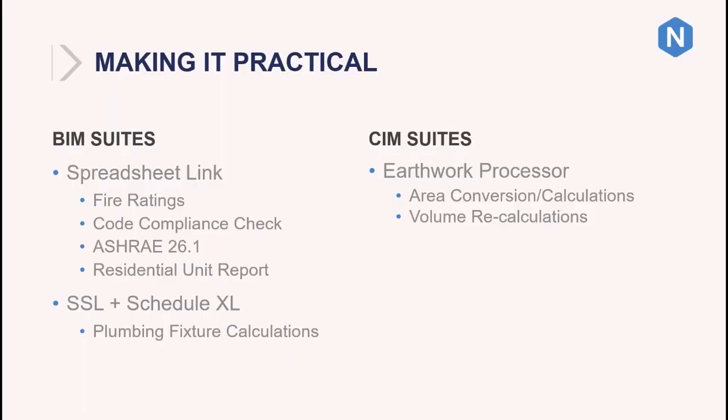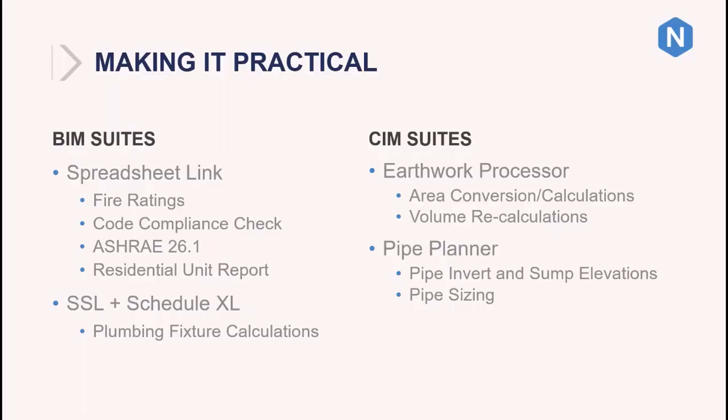In the civil side, Earthwork Processor has some really powerful things I might do with this, where I'm doing like area conversions in Earthwork Processor or calculations in Earthwork Processor. Maybe I'm recalculating volume requirements based on rules that I want to run and pushing that data back into the model. Or if I'm doing things with Pipe Planner, maybe I want to do pipe invert and sump elevation calculations, where maybe my sump depth is always going to be 3 feet below the invert or 5 feet below the invert.